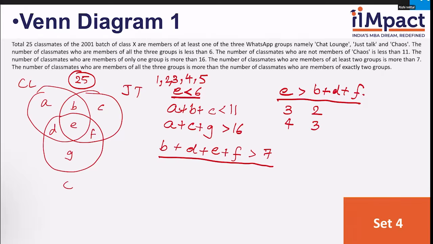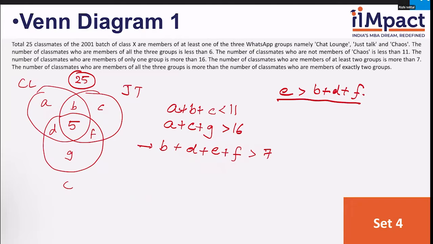So let's just remove this. And I know that E is equal to 5. This is what we know. Now, guys, if I add A plus C plus G on both sides of this equation, this part becomes 25.